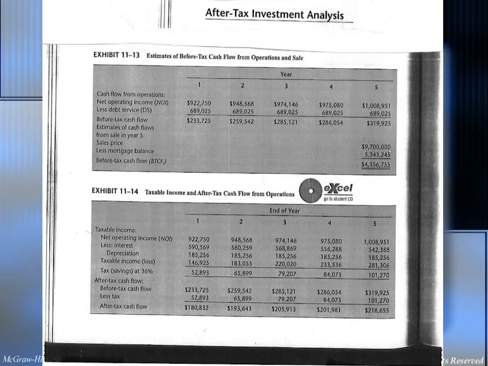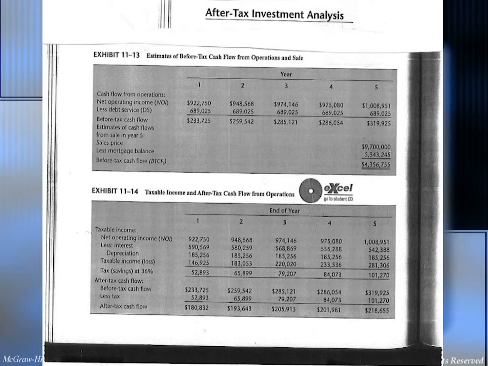So now we have our taxable income. The net operating income minus interest minus depreciation. We multiply that times 0.36, and we get the taxes that we have to pay all the way across.